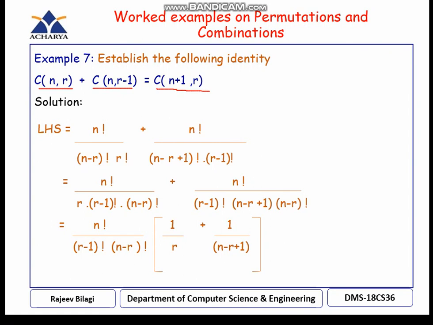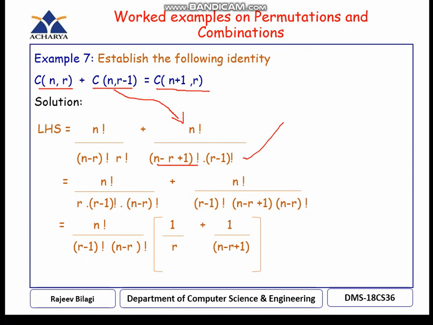As I did in the previous problem, I apply the formula here: nCr is equal to n factorial divided by (n minus r) factorial into r factorial, plus again applying the formula, n factorial divided by (n minus r plus 1) factorial into (r minus 1) factorial. Okay, this I have written here.